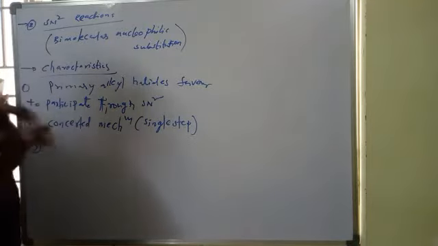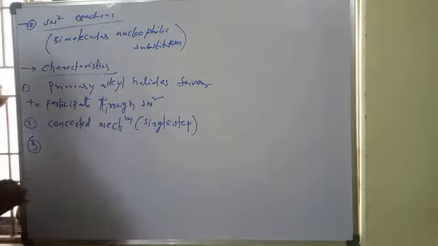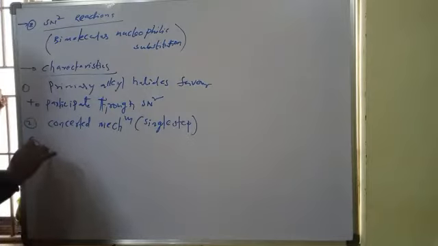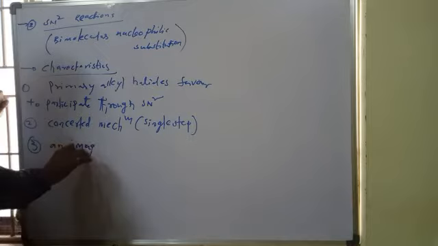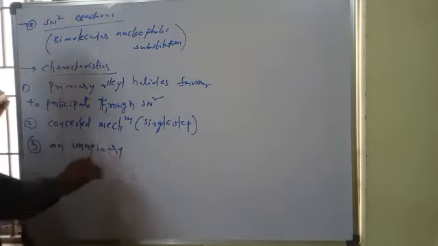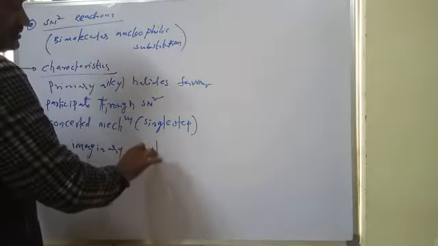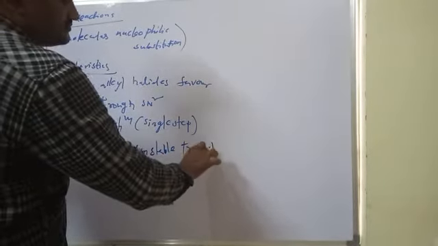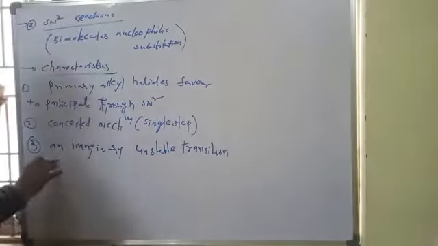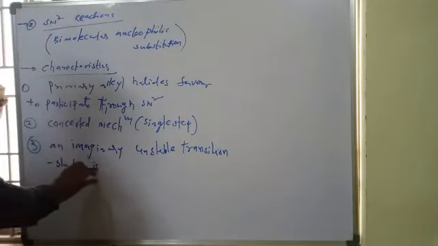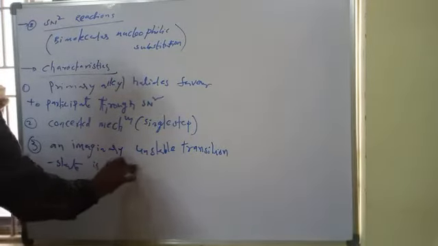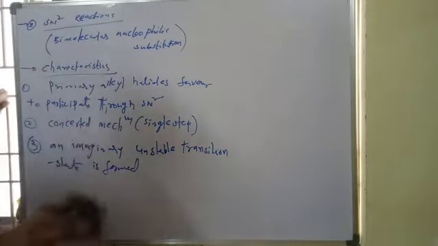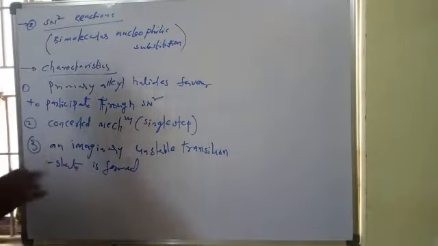There, the intermediate carbocation is an intermediate, but here an imaginary unstable transition state is formed. There is no evidence for the formation of this, it is just imaginary only.